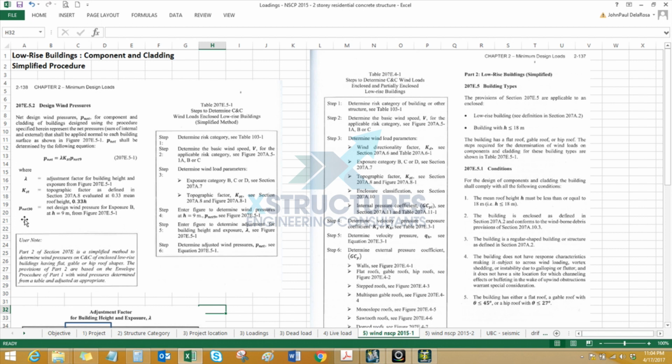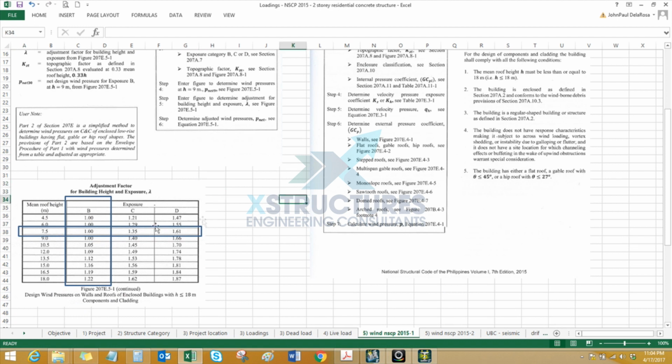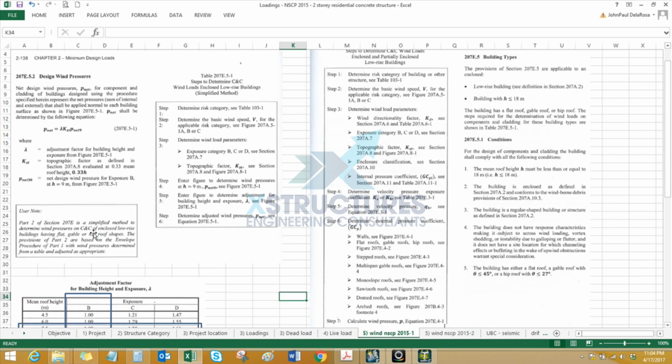Anyway, P_net9 yan. So, lambda is adjustment factor for building height. Nasa figure daw na to. So, exposure B tayo. Then, yung roof mean height natin is 7, so consider ko 7.5. So, 1.0 lang yung lambda factor natin.